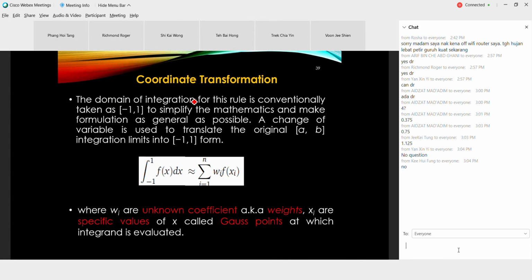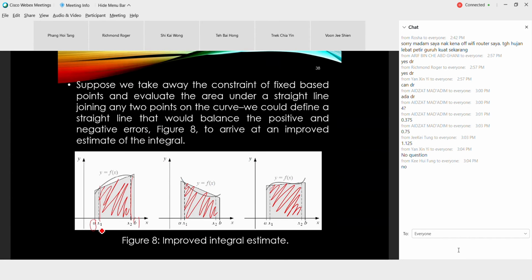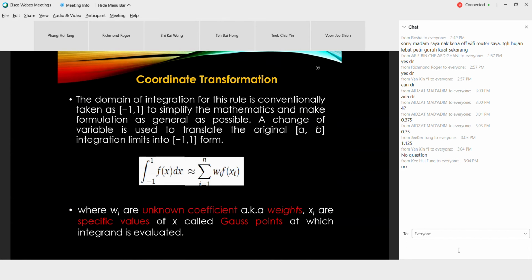The domain of the integral for this rule is conventionally taken as -1 to 1. So x1 is -1 and x2 is 1. We need to set it consistently; in this figure also, x1 is -1 and x2 is 1. It is taken as -1 and 1 to simplify the mathematics and make the formulation as general as possible. Because we would like to be as general as possible, we don't want to have point form.